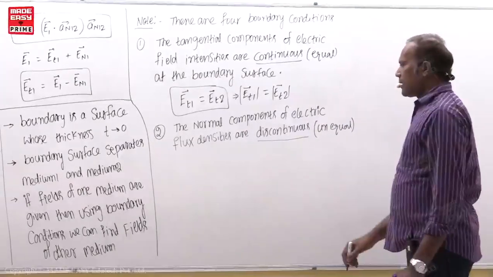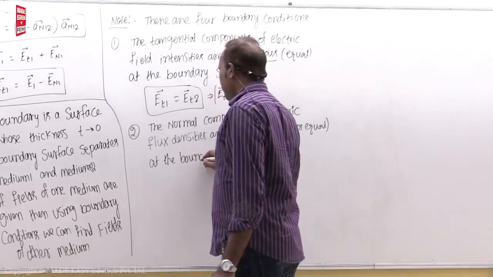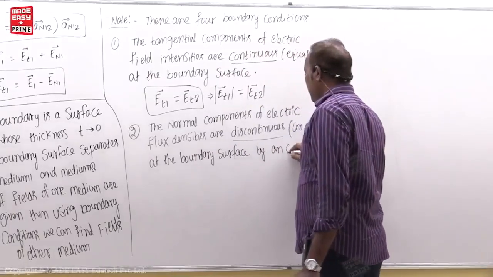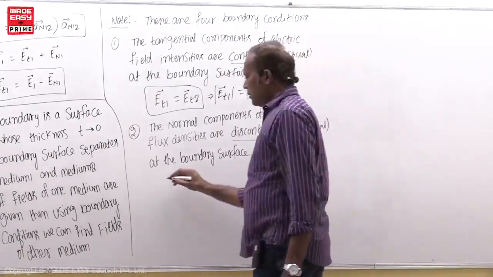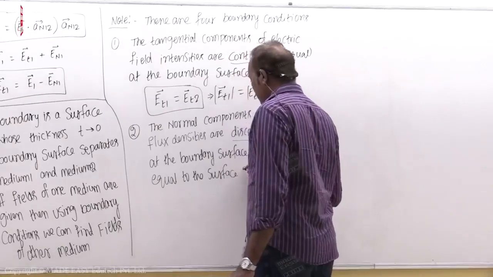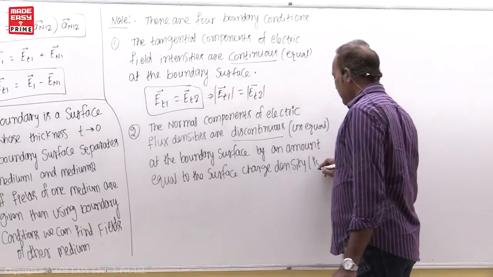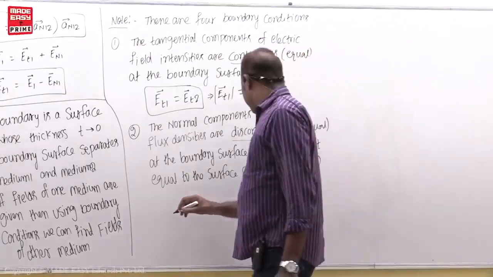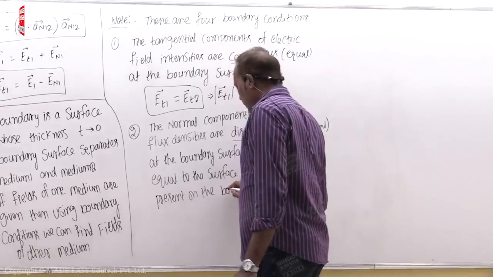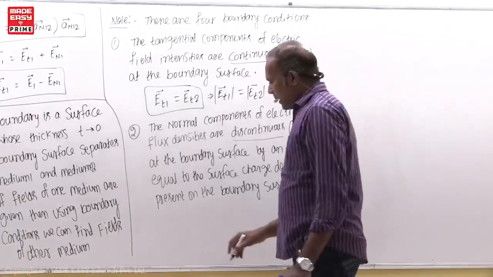The normal components of electric flux densities are discontinuous at the boundary surface by an amount equal to the surface charge density present on the boundary surface. Mathematically, there are two cases.